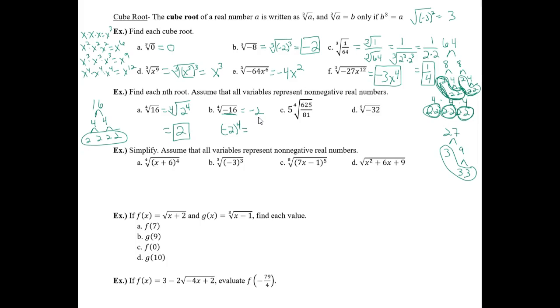A negative times a negative times a negative times a negative. I have 4 negatives. That will actually end up positive 16. So that's not true. Don't do that. This is the same thing as taking the square root of a negative number, taking the fourth root of a negative number. There's no real solution.